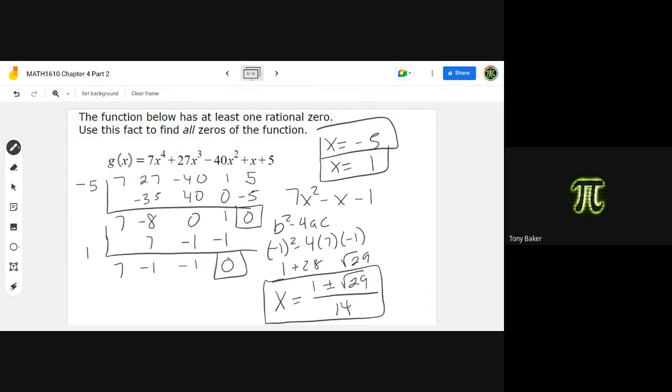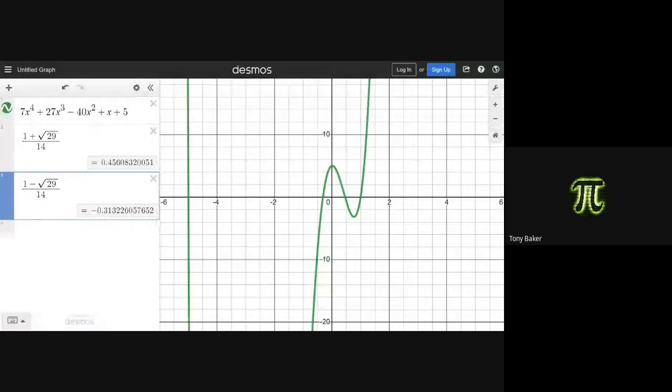Just go into Desmos, and you can check those 2. Are you gonna just accept 1 plus or minus the square root of 29 over 14? No, that's fine. Yeah, that would be fine, because those are the 2. So you can easily just throw those back into Desmos and check them. I would not accept negative 0.313. I want it as the 1 plus the square root of those things.